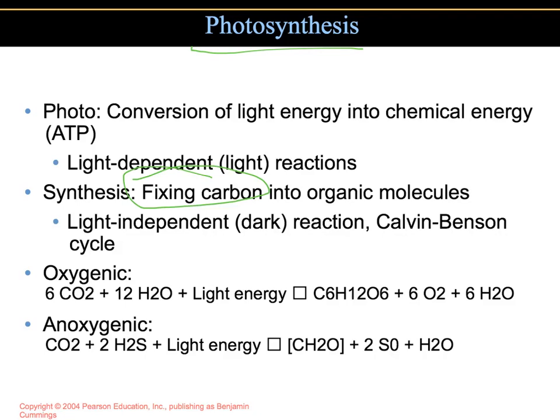Photosynthesis can be summarized with the following equations. We have oxygenic, where plants, algae, and cyanobacteria use water as a hydrogen source, H2O. Remember the subscripts. It uses it as a hydrogen source to donate hydrogen ions, and in the process, it releases oxygen.